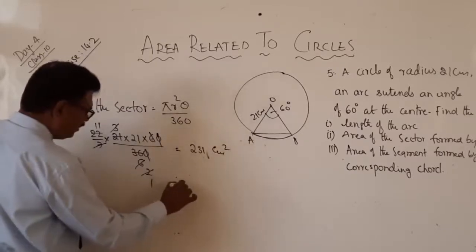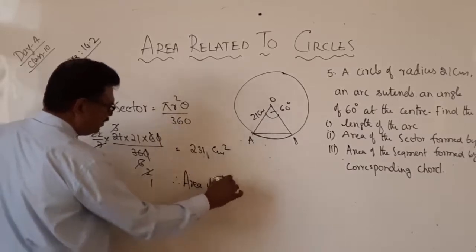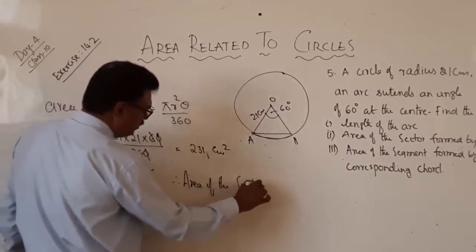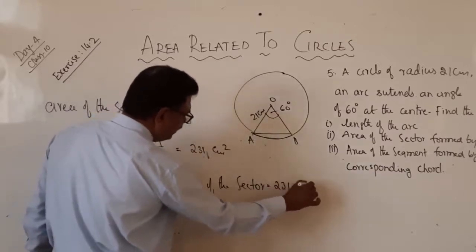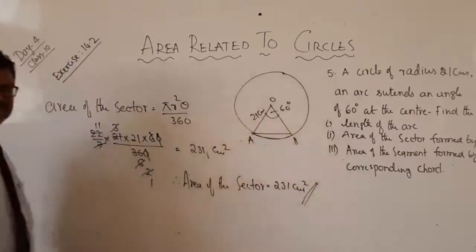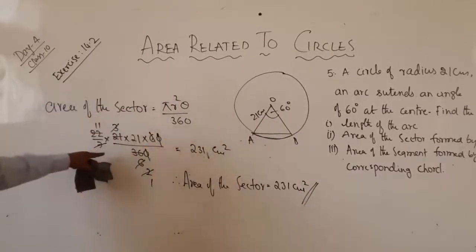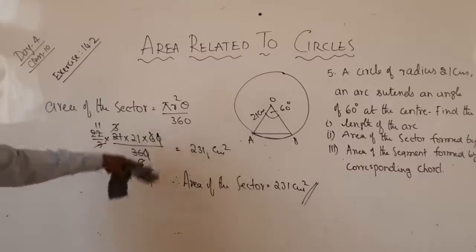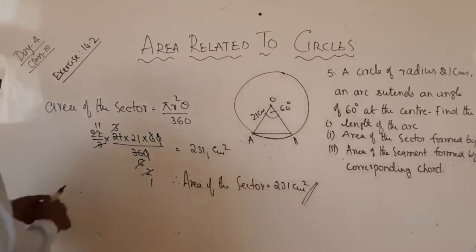Therefore, area of the sector is equal to 231 centimeter square. Do you understand? Is it not very clear? This is the formula, and just substitute the values in this formula, you will get like this. Okay? Any doubt beta? Next.